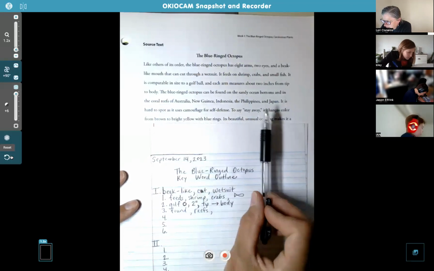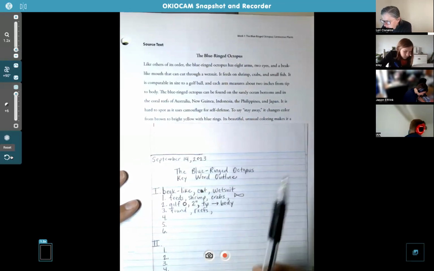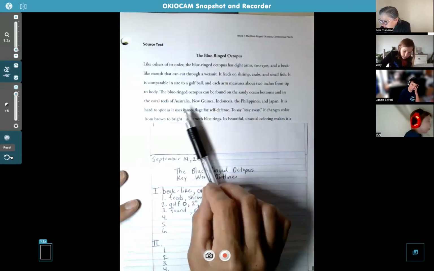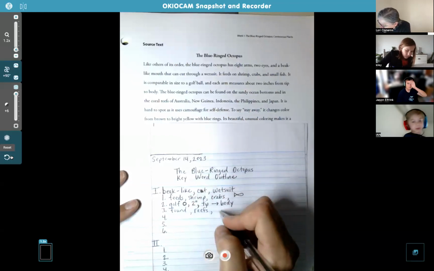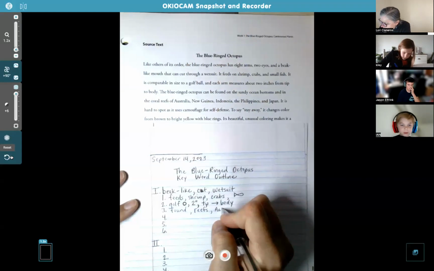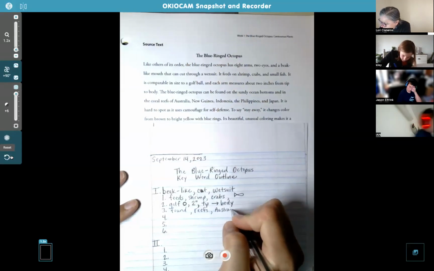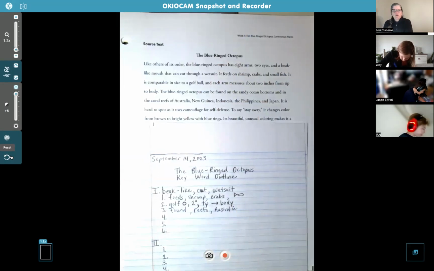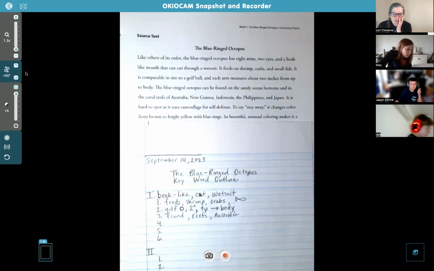There's too many here and I can only have 3 words. So that means you can decide which one you want to say. I'm going to pick Australia just because it's first. But if you want to put Japan, you could. Because basically what we're doing is giving a summary of what this article is about. So we don't have to have all of the places listed because we don't have enough space on our outline.